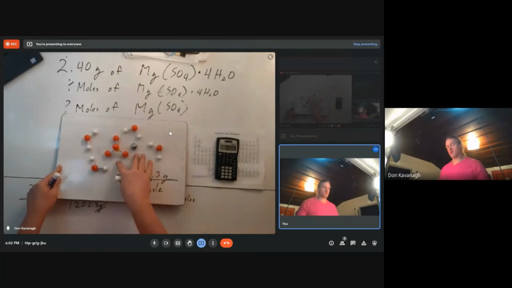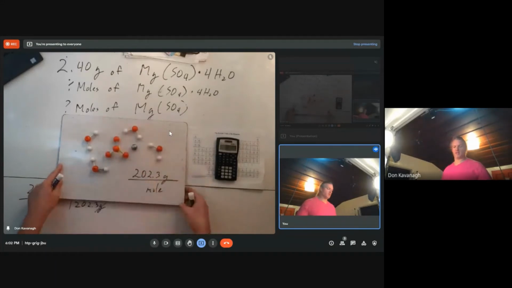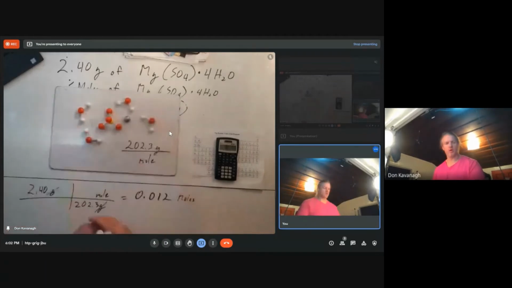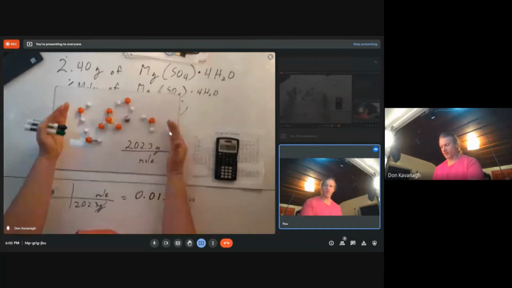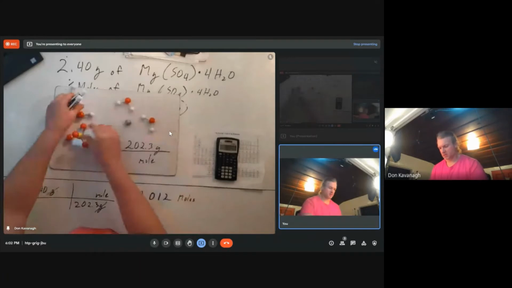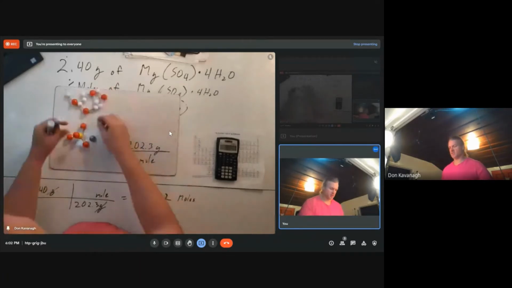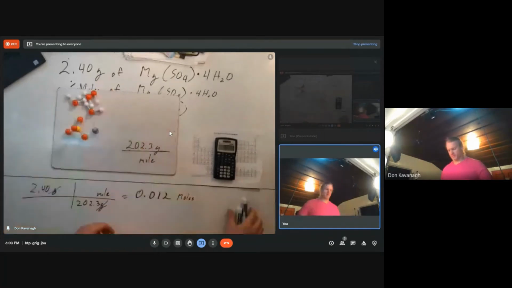We can calculate that with the same idea of how we got this sum. For all of these things together, we added them together to find out the total weight of 202.3. That's all of them added together. Let's separate them. We have the 4 waters up here, and now we have the magnesium sulfate. If we separate these, what do they add up to?